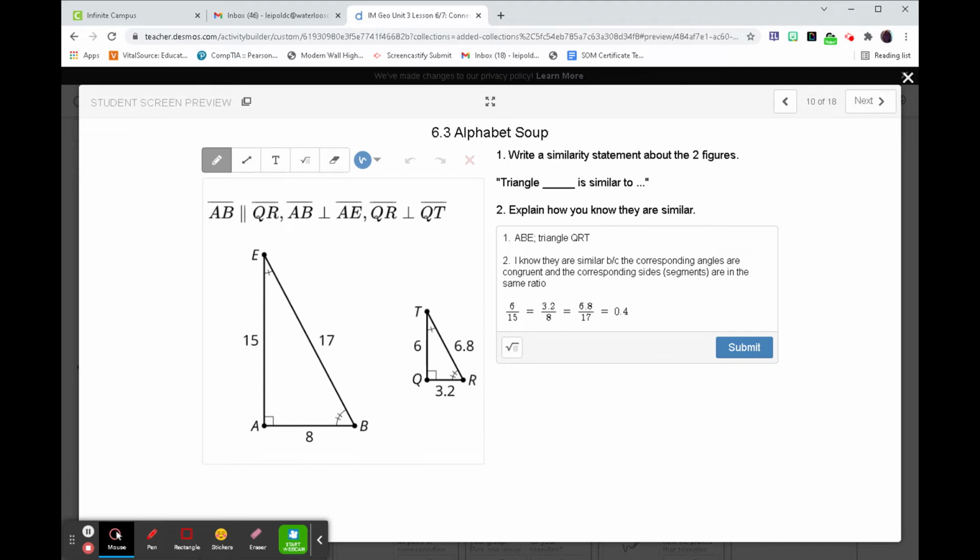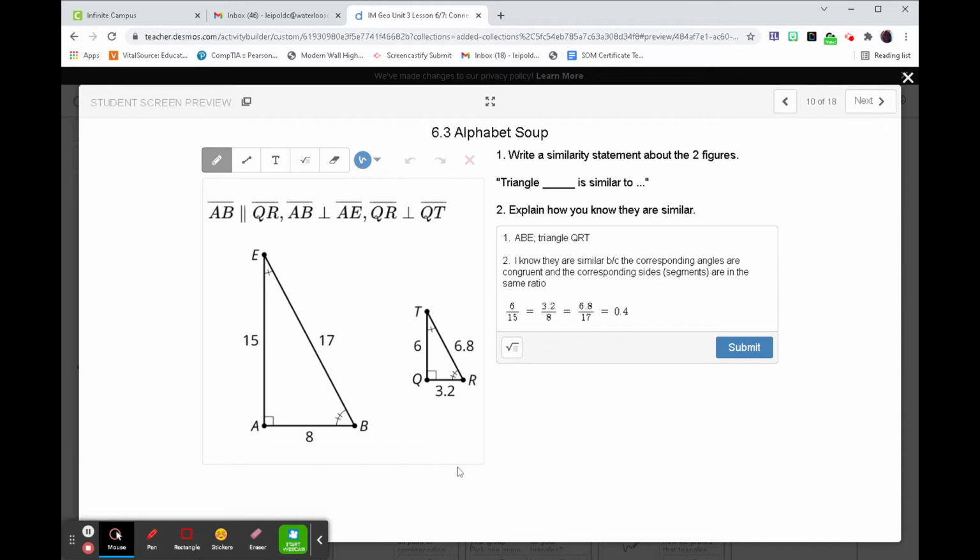And then it says, explain how you know they're similar. Well, I know they're similar because I noticed right away that the corresponding angles have the same symbol in them, telling me that each of those respective angles are congruent. Then I had to do a little algebra, people, and I said, okay, I like having the fraction part, so I put 6 over 15, 3.2 over 8, and 6.8 over 17, and set up those fractions.